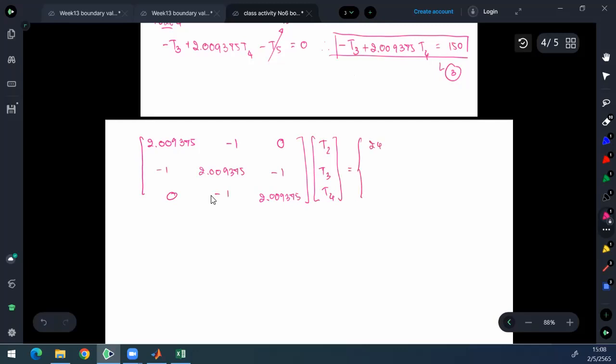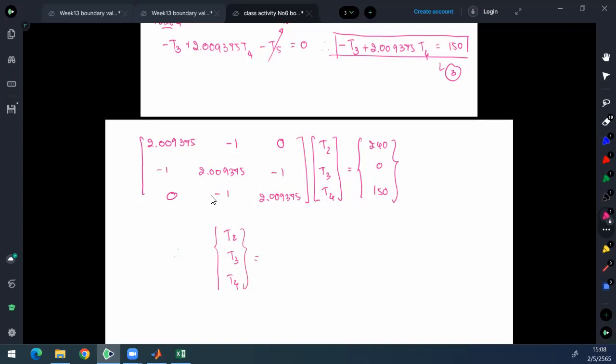From this equation, can you solve for t2, t3, and t4? If it just has three equations and three unknowns, you can use your calculator. I think your calculator can solve this system of equations with just three equations and three unknowns.